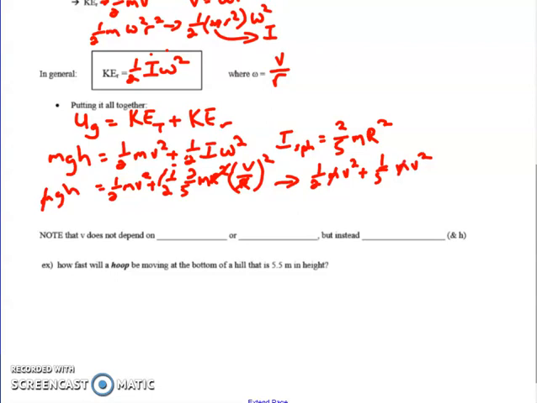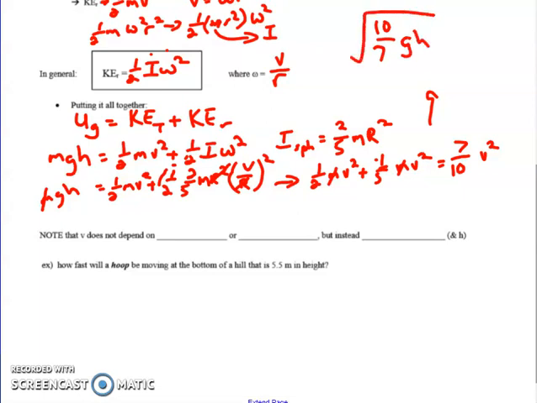If I add these two v squared terms, the common denominator would be 10, so this would be 5/10, this would be 2/10, so I get 7/10 v squared. And if I solve for v, I bring the 7/10 over to the other side, I get v squared equals 10/7 times gh.